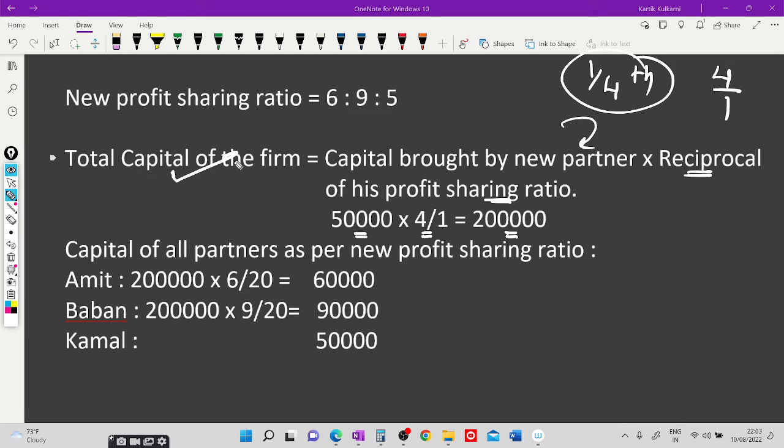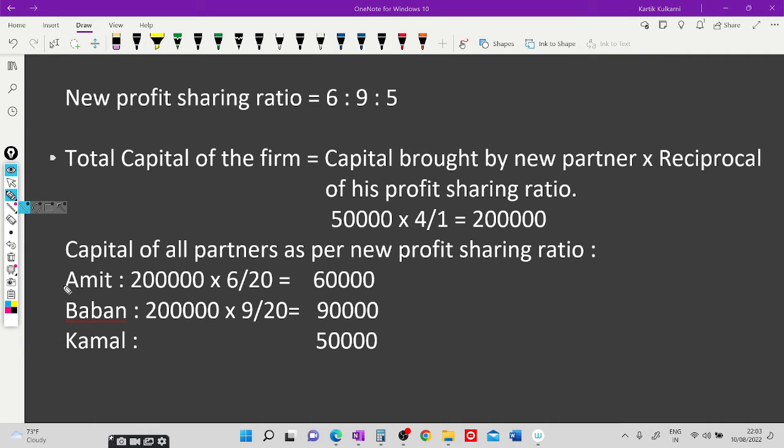Now out of 2 lakh, what will be the partner's capital as per new profit sharing ratio? For that we calculate Amit's capital out of the total capital of 2 lakhs into Amit's share. You can see here new profit sharing ratio, Amit, Baban and Kamal. So total parts is 20.